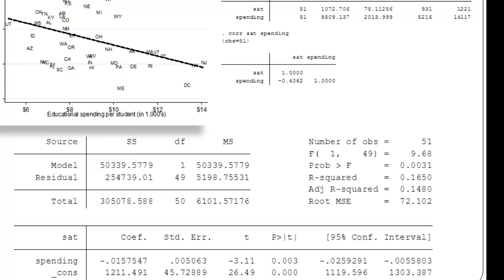But we could go ahead and put this into a metric that's a little bit easier to understand. For example, what if we were to increase spending by $500 per student on average? Well, we would take 500 times our slope coefficient and get a number that's approximately 8, and then be able to put this in our interpretation into a little bit different magnitude.